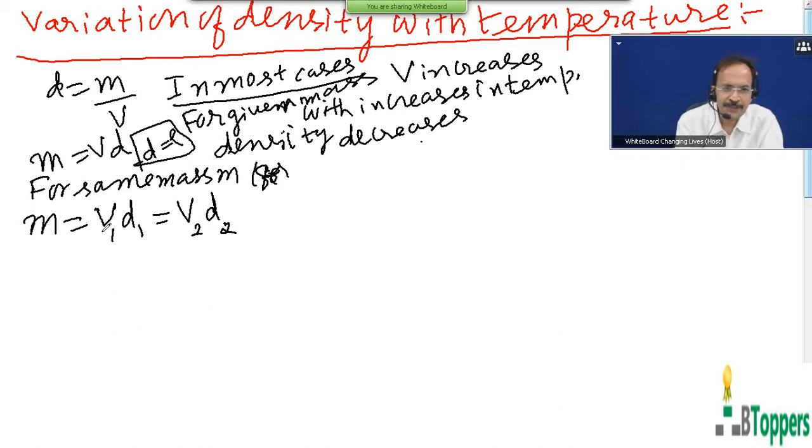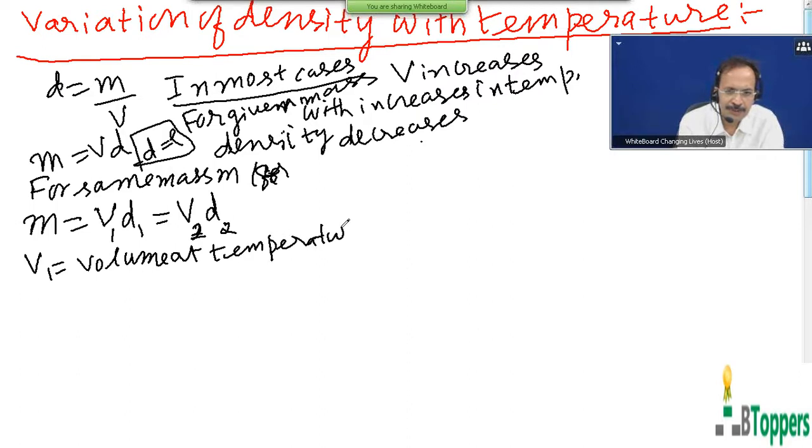So the mass of the substance at temperature T1 can be written as V1 D1. The mass of the substance at temperature T2 can be written as V2 D2. Here V1 is the volume of the substance at temperature T1, which may be expressed in centigrade, or capital T1 if the temperatures are on the Kelvin scale.